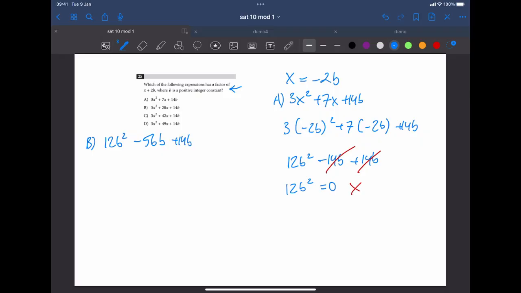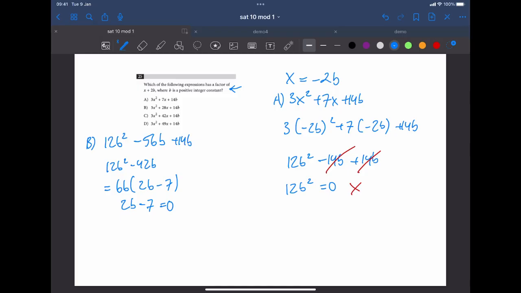We can combine the b terms, so we get 12b squared minus 42b, and this will factor into 6b times 2b minus 7. For this to equal 0, we would need 2b minus 7 equals 0, because if this term equals 0, the entire thing will be 0.